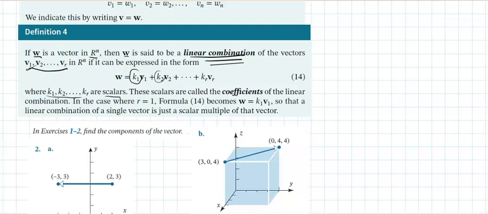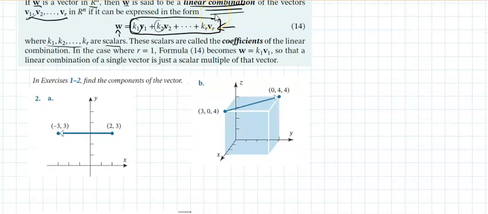In other words, if I could find a multiple of these vectors added or subtracted to get w, we say w is a linear combination of these vectors. Linear combination is a big deal for us. It's something we're going to be doing for a while, but that's going to come a bit later. These scalars are called coefficients of the linear combination.